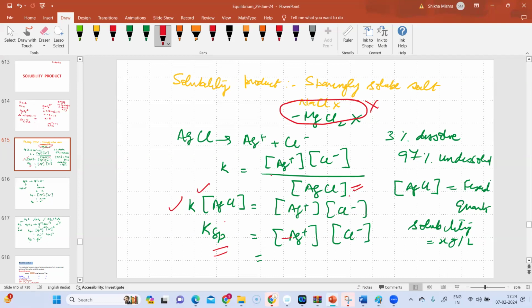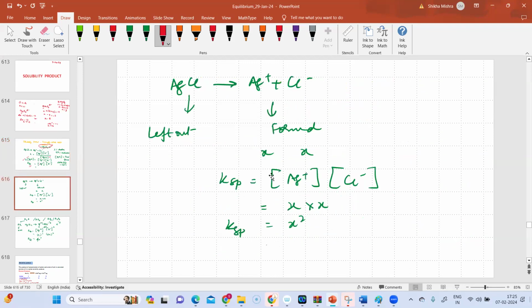So when we are deriving this expression, we need to just write the equation for the dissociation, write the value of K, substitute the values, and get the formula for Ksp. Now, we must remember, as I have told you already, that from the reactant side you'll be writing whatever is left out, and from the product side you will be writing formed, right?